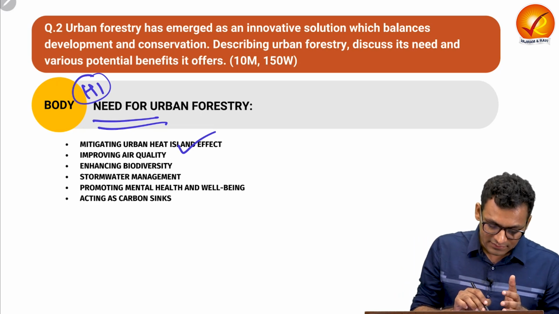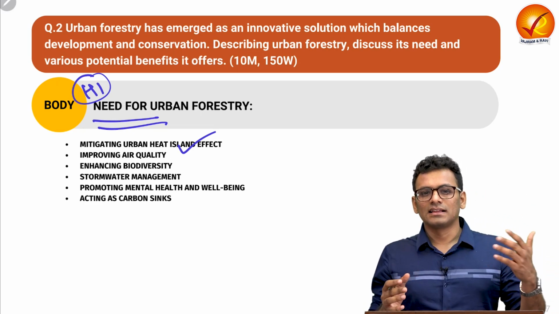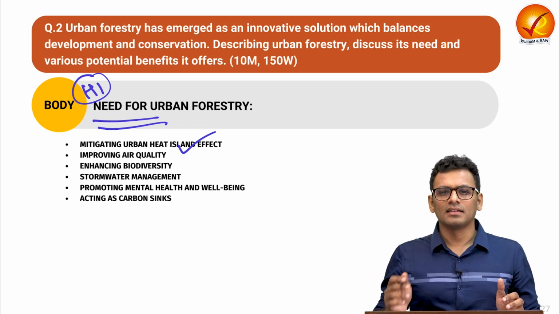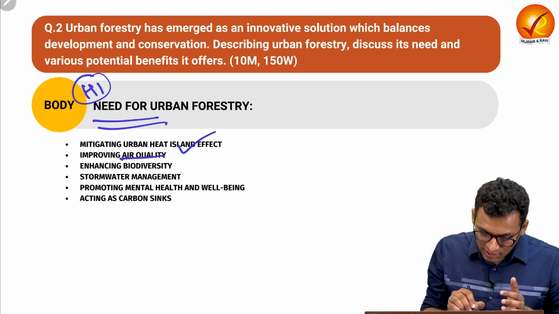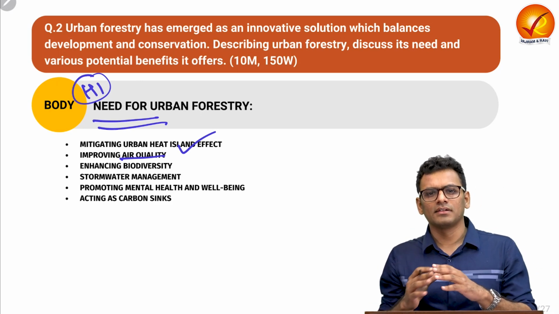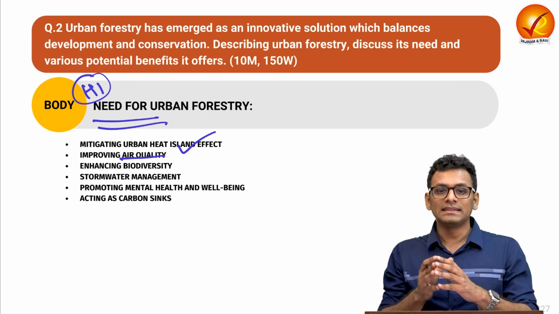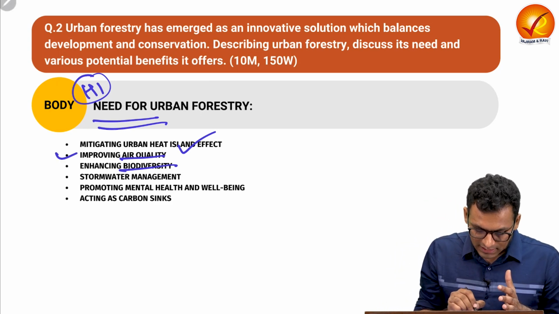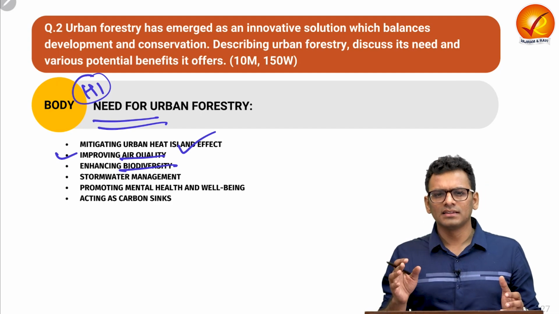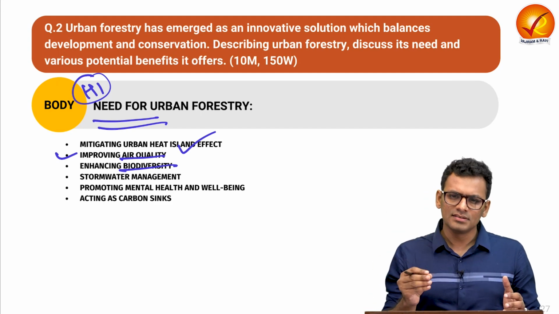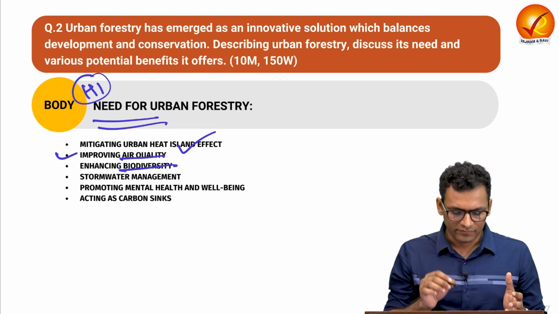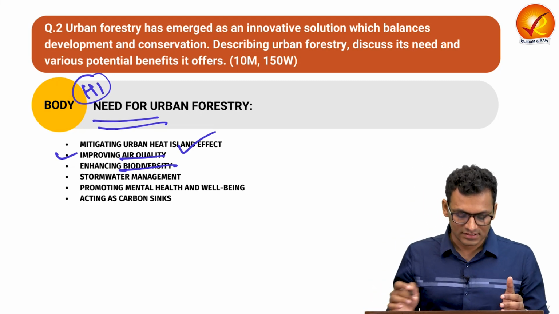Then we have seen that cities like Delhi, and also recently in Bombay, there is an issue with respect to air quality. And over here we have witnessed that trees and green cover can directly help mitigate such issues. Then we can talk about how biodiversity is very limited in urban spaces, and thus we need biodiverse areas like urban forestry, which can definitely provide a solution.